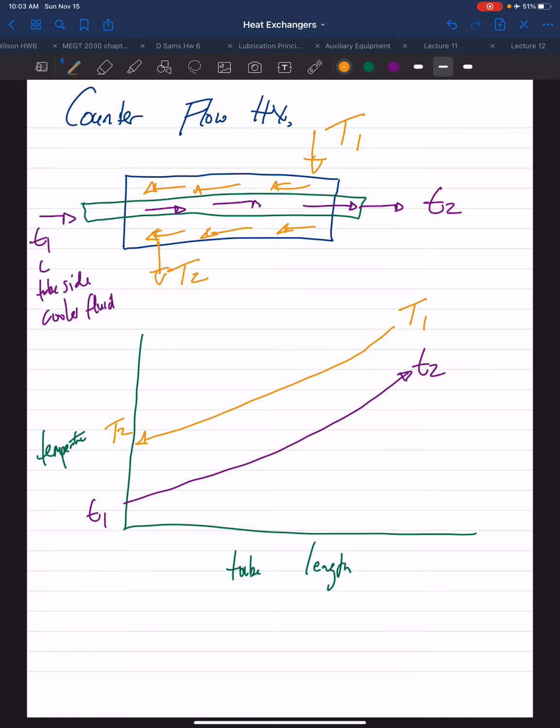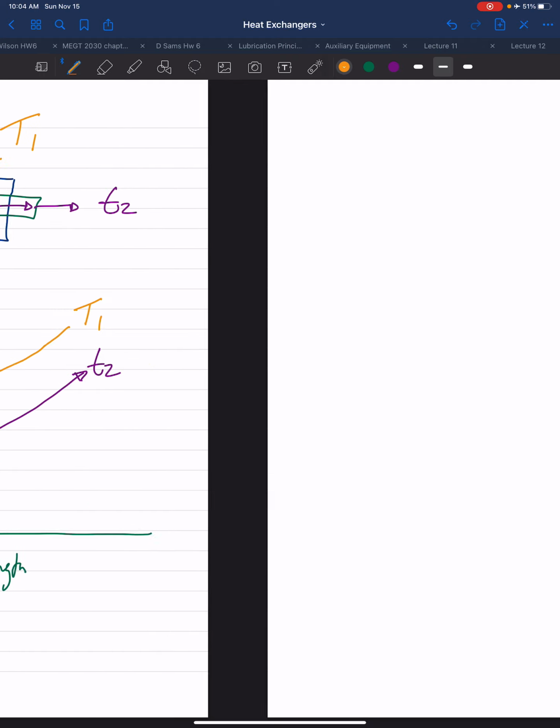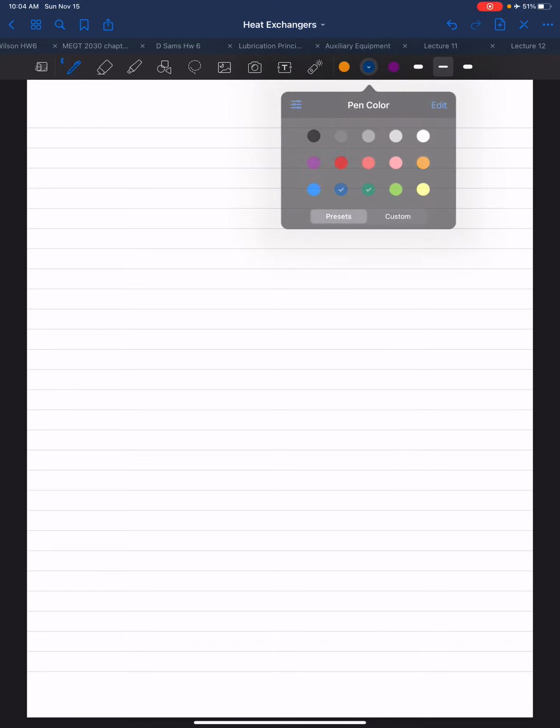And in counterflow, the shell side temperature enters at a higher temperature than it leaves, which makes sense. So that's one thing we can readily see as opposed to parallel flow heat exchangers.